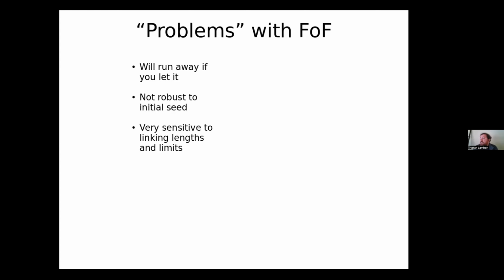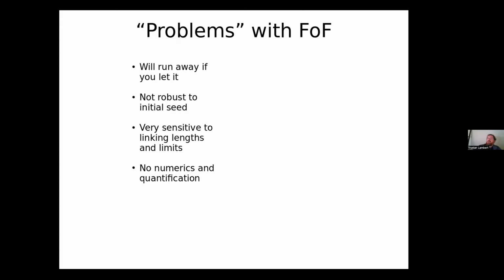It's also very sensitive to your choice of linking lengths. This is difficult because we could run it on simulated data and try to make a justification for linking lengths, and people have sat around and argued for months about the best choices. But ultimately, there may not be a perfect choice of linking lengths.